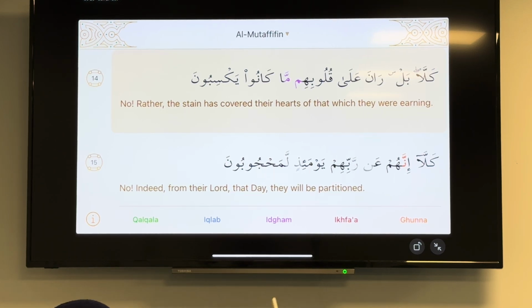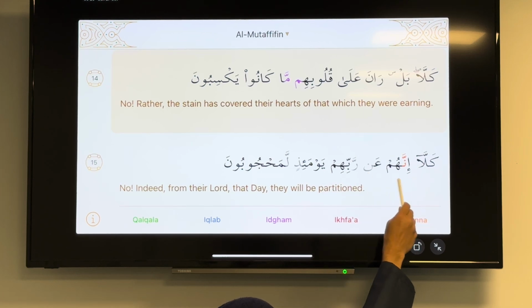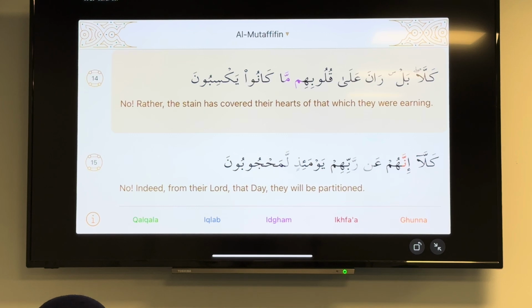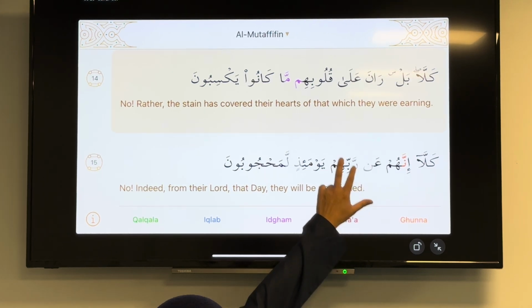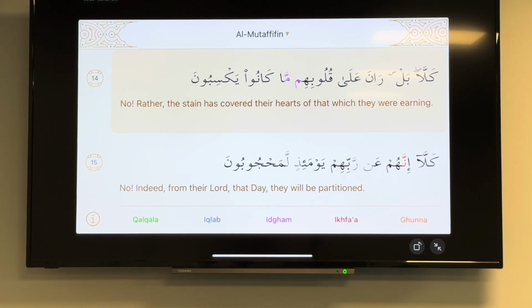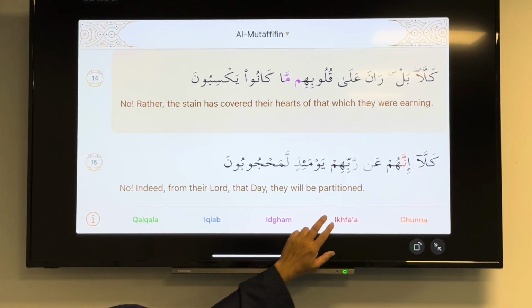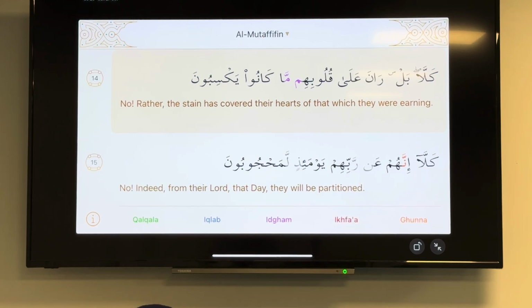But if you look at this rule again, from what you said, like Kalla innahum arrabbihim. Can you see that one? Noon sakin, arrabbihim, not arrarabbihim. By the way, what rule is this one? Does anyone know?